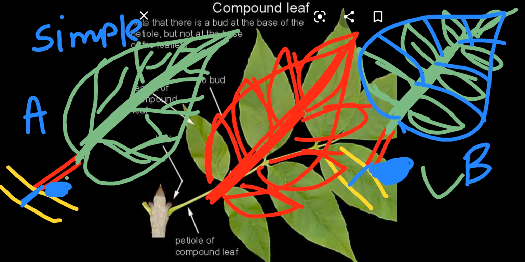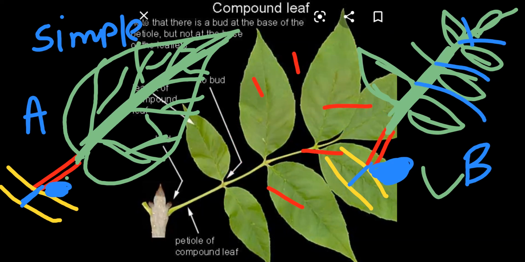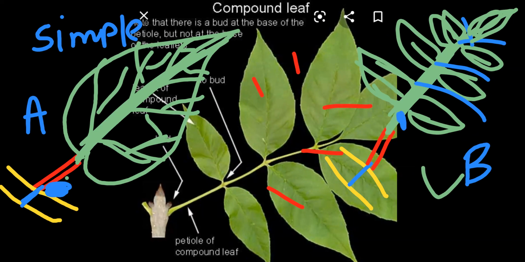Now, if over here at each leaflet, these greenish small leaflets we have drawn, if at the base of each leaflet there were a bud, then you could say that these all are leaves.